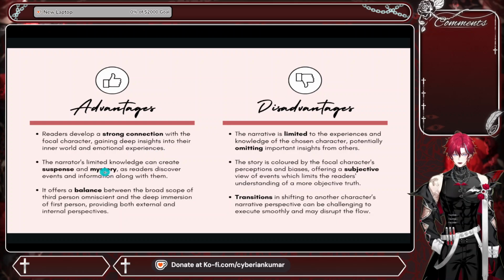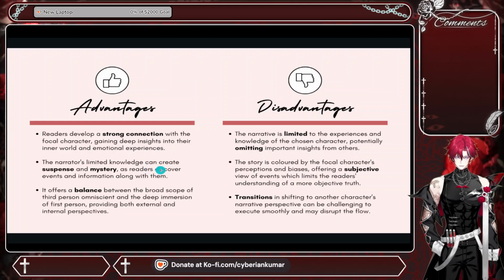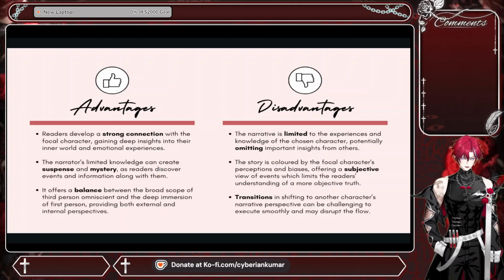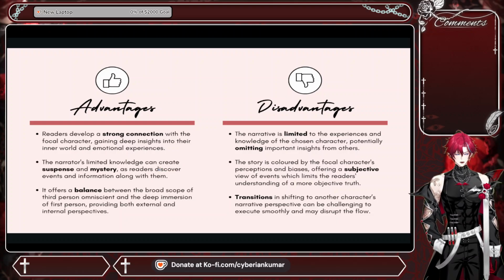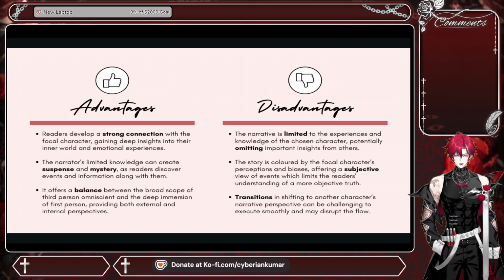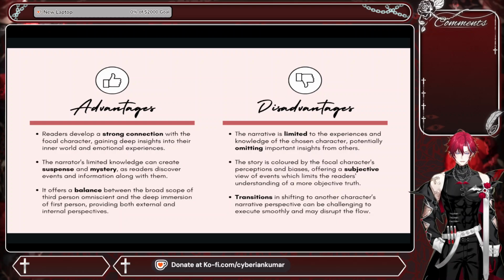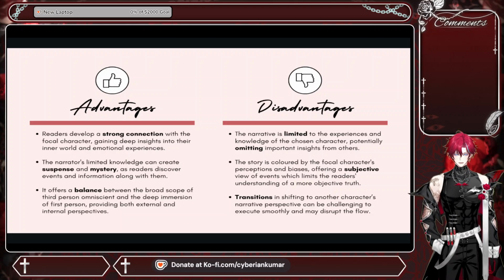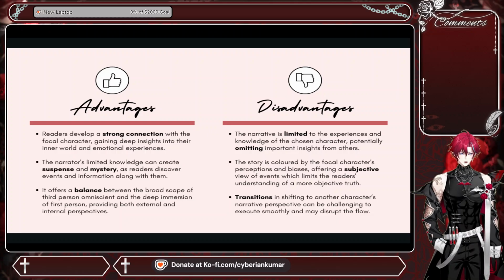The second point is that the narrator has limited knowledge. Since the narrator is explaining things from the point of view of a single character at a time, this can help in creating suspense and mystery as the reader discovers the events and the information along with them. So this is very helpful in creating a certain kind of suspense and mystery, right?